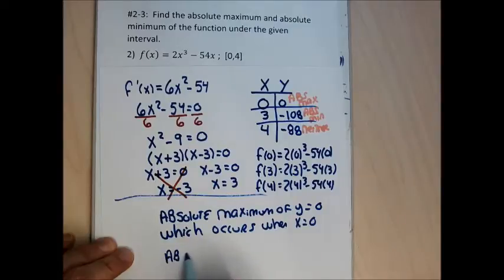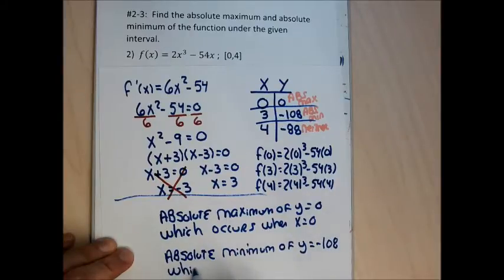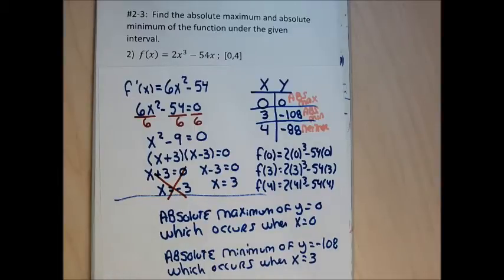I'm going to say there's an absolute minimum of y equal to negative 108, which occurs when x equal to 3. I'm absolutely done. I didn't have to graph this at all.